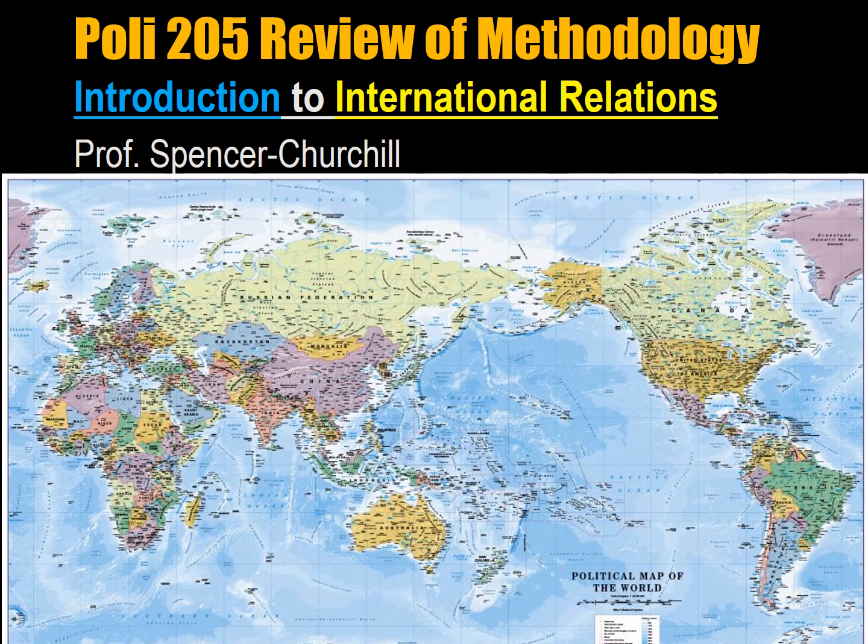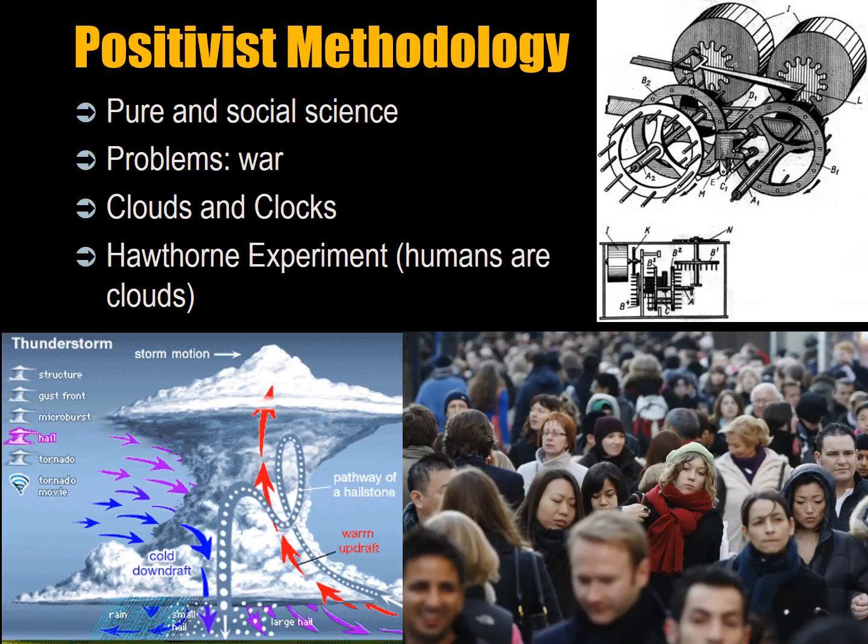In effect, showing that it's valid. So what we're going to use is positivist methodology. We're not using it because it's ideologically correct. We're using it because as a particular scientific approach, it's useful for creating valid conclusions.